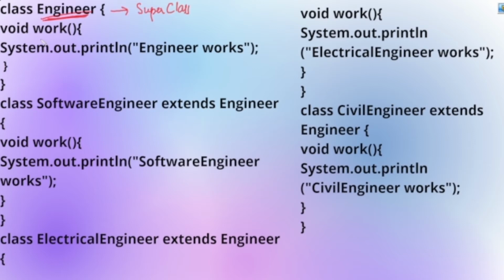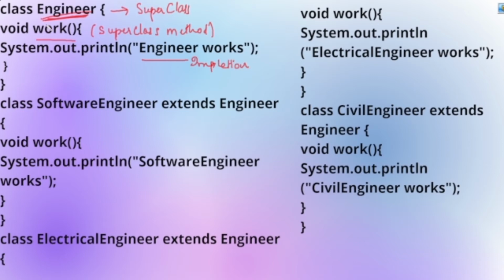Here you have a method, work. This is a superclass method. So in overriding, this superclass method has to be overridden. That is, you have to change the implementation. This is the implementation, and this can be changed.